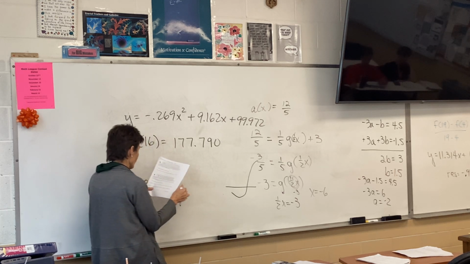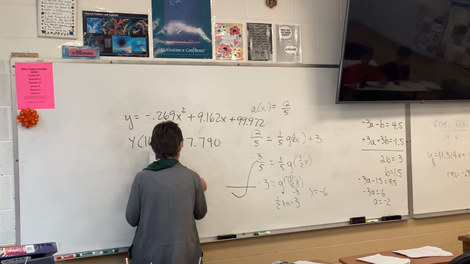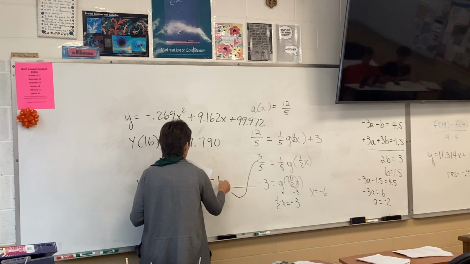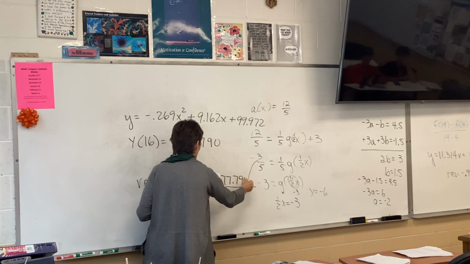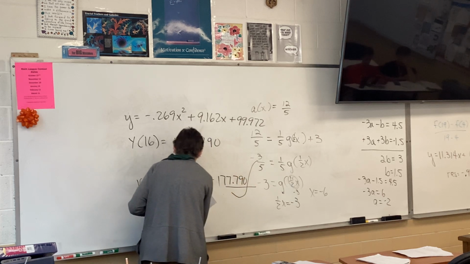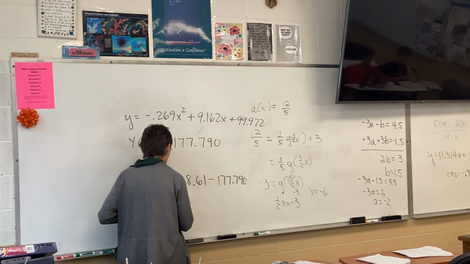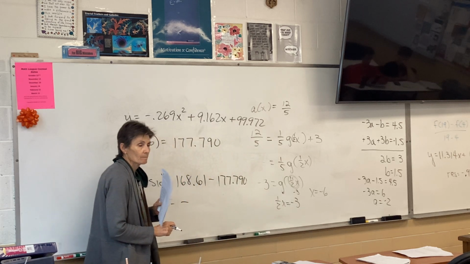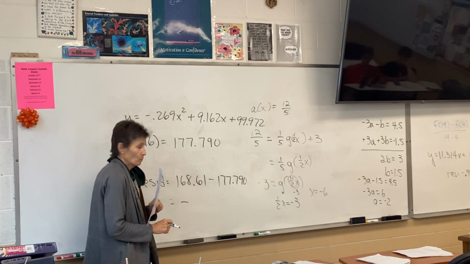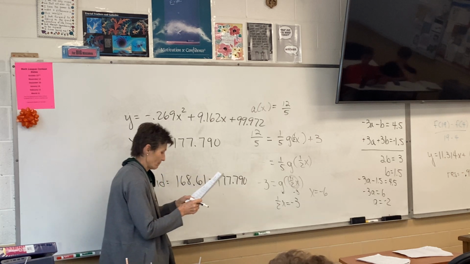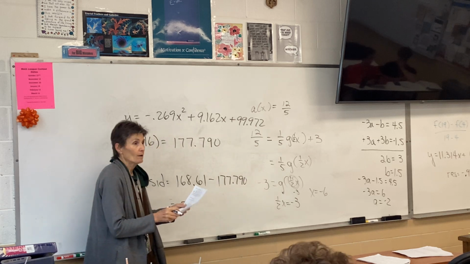The actual was 168.61. The predicted was 177.790. So whatever that is, that's your residual. So it's a negative something or other. And what does that mean? The model overestimated again for that number. Everybody okay with that?